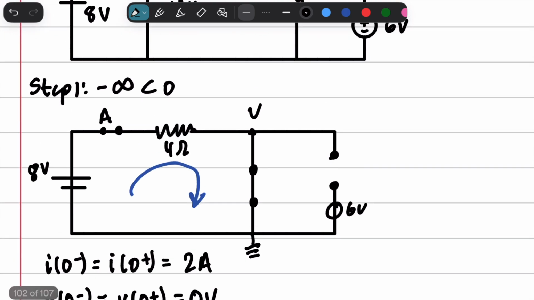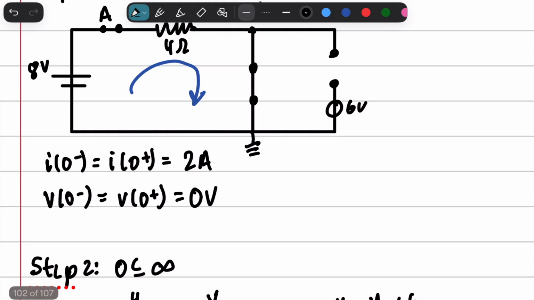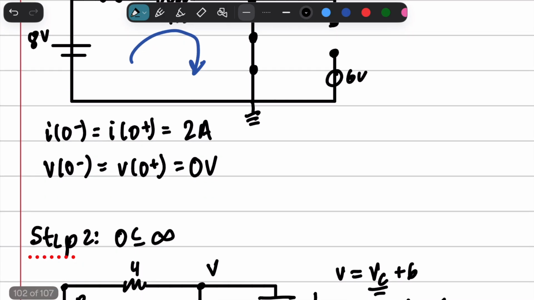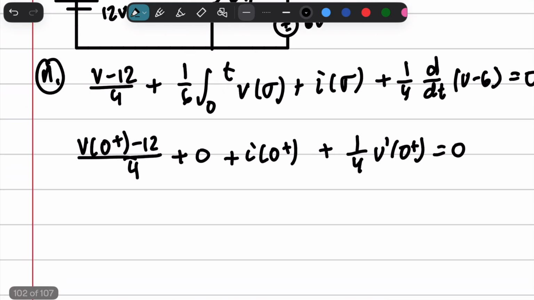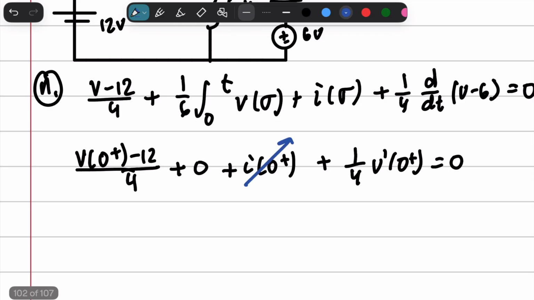Now we saw that V of 0 is 0, but I 0 plus has a value, so this is going to be 2 right here. This is 2. This is 0. We're going to get -3 right here.